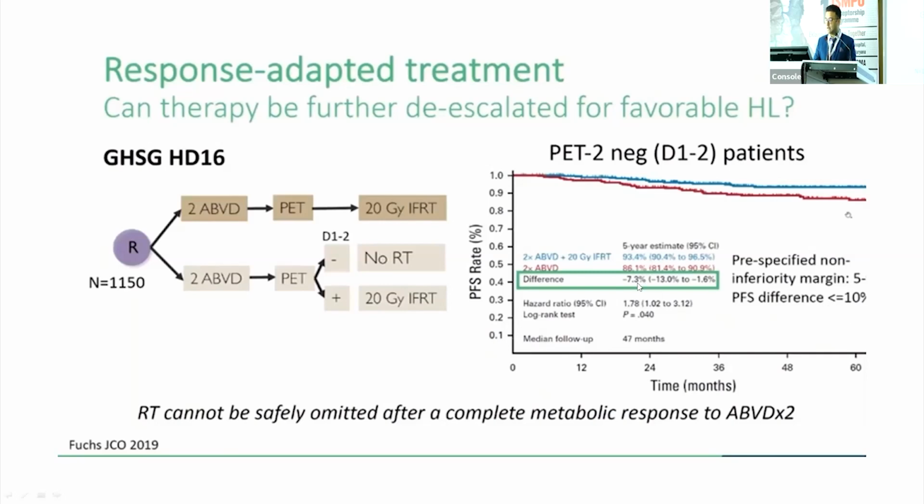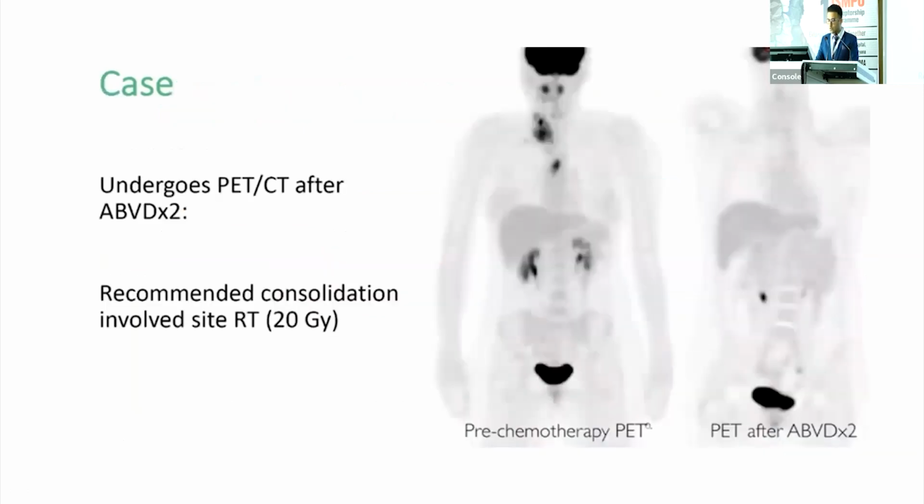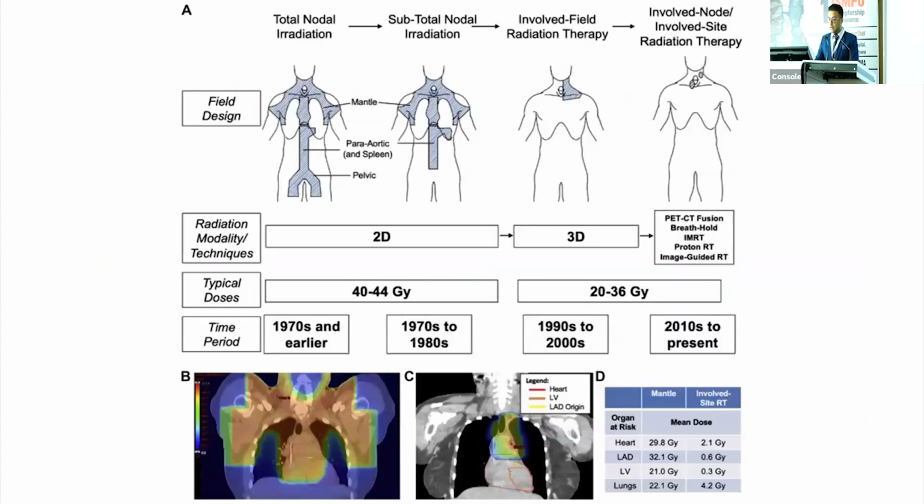But in this trial, the confidence interval was not below 10%, and it exceeded 10%. So this was a negative trial, which concluded that RT cannot be safely omitted after a complete metabolic response to 2 cycles of ABVD. So for our patient, we do recommend 20 gray of ISRT.